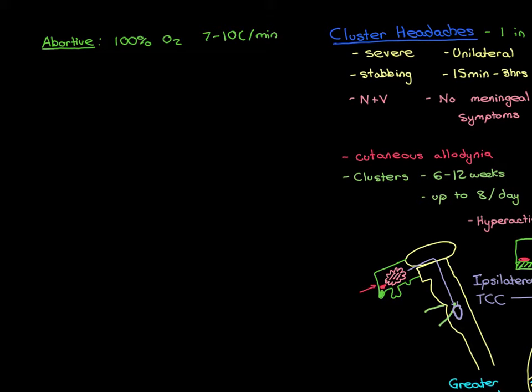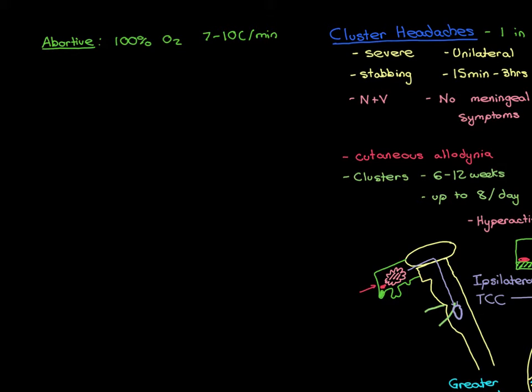They will be breathing that in. Now, breathing in this 100% oxygen, goodness knows how it works, but presumably somehow it must stop the hyperactivity that is occurring in the side of the hypothalamus that is on the side of the cluster headache, and therefore it aborts the cluster headache.